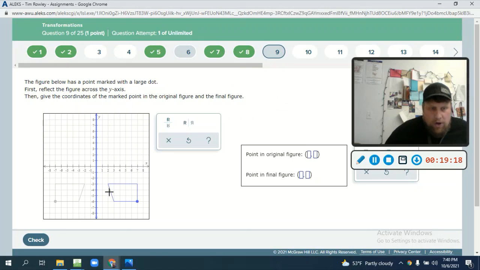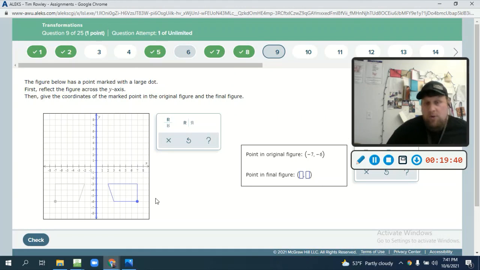So then let's go over here. What's our original point? Well, it was at negative 7 and down 6. So negative 7, negative 6. What about our final figure?